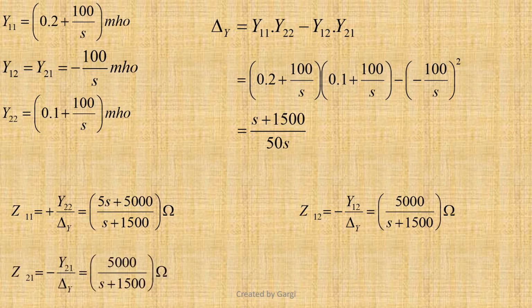Z21 equals minus Y21 by delta Y, that is equal to 5000 divided by S plus 1500 ohm. Z22 equals Y11 by delta Y, that is equal to 10S plus 5000 divided by S plus 1500 ohm.